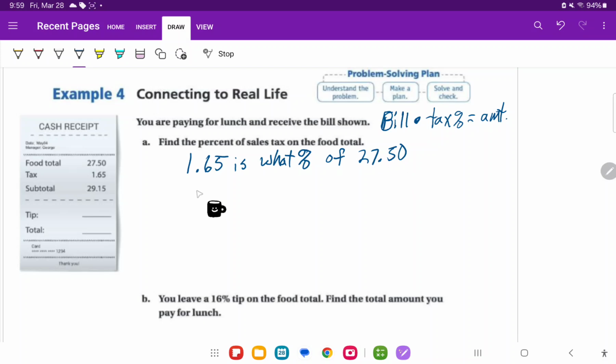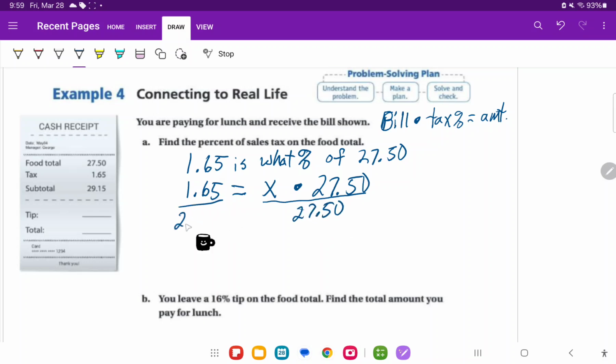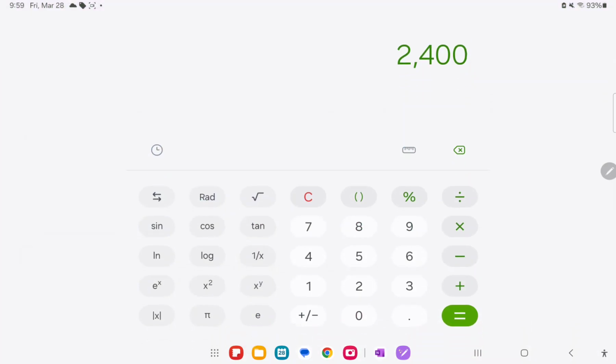All right, so just like we've been doing, we're going to go 1.65 is what percent of 27.50. Okay, so then we're going to divide by 27.50. So 1.65 divided by 27.50.